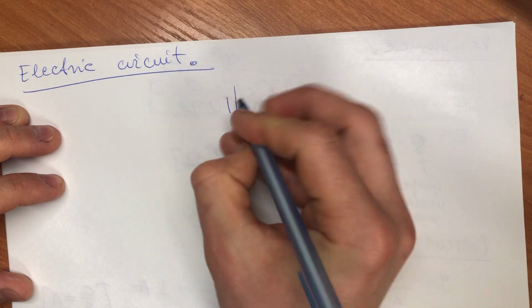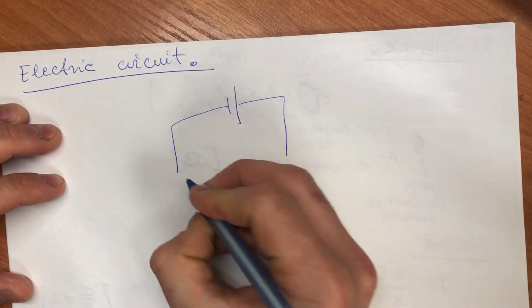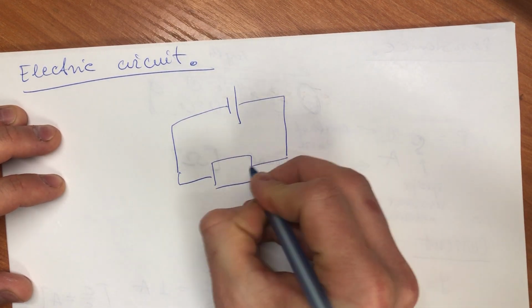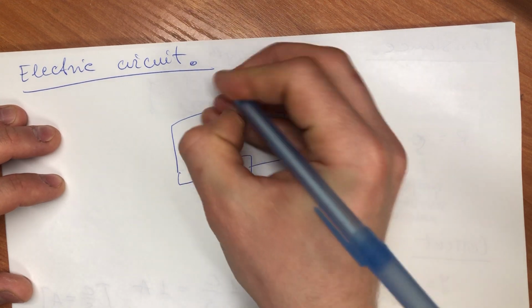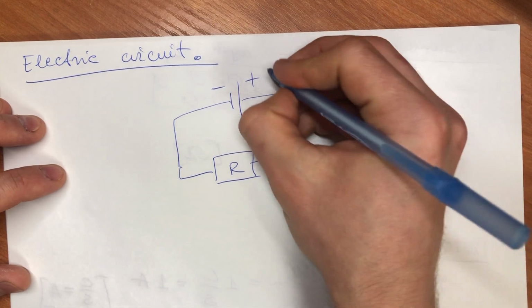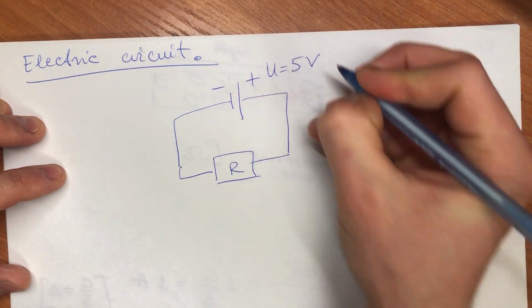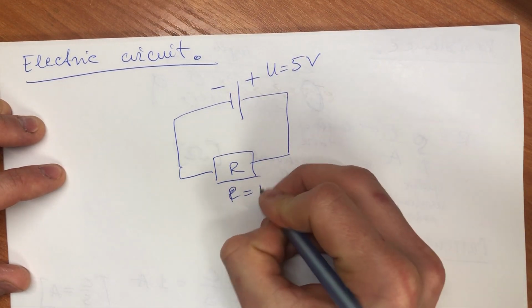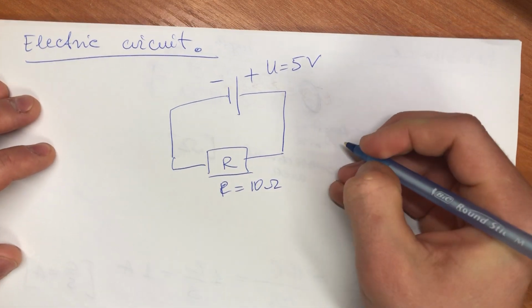It has a voltage supply and it has a resistance. This is the minus, this is the plus terminal. So this is the voltage supply. Let's say U is 5 volts. Resistance is 10 ohms. And there is Ohm's law.